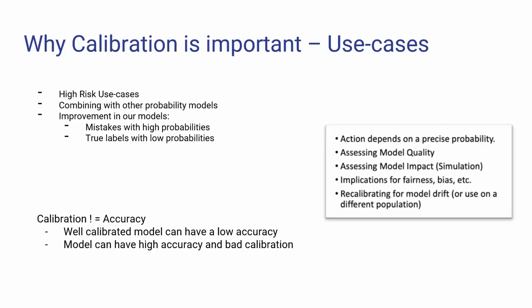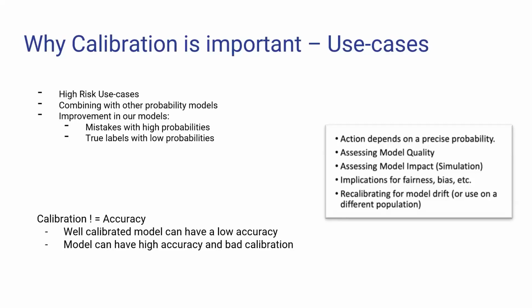So this is where the probabilistic estimate comes into the picture. This is where the calibration comes into the picture. The probabilistic estimate does not work alone; calibration is required everywhere, right?